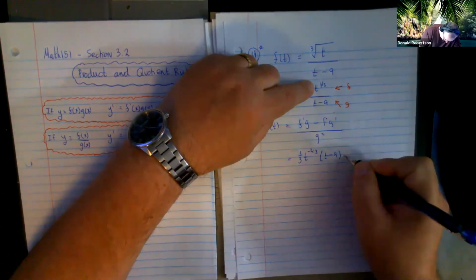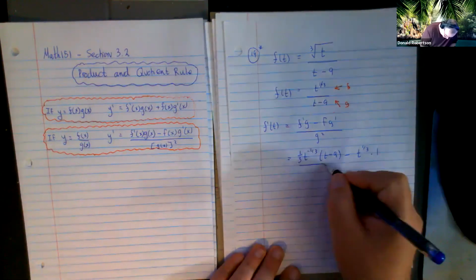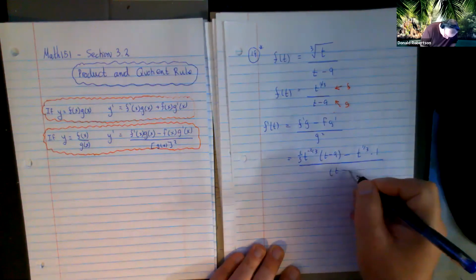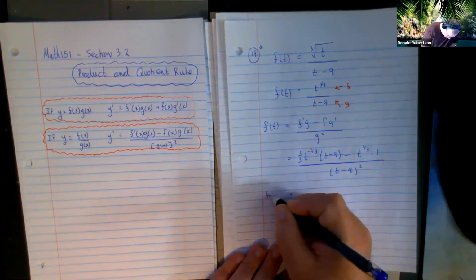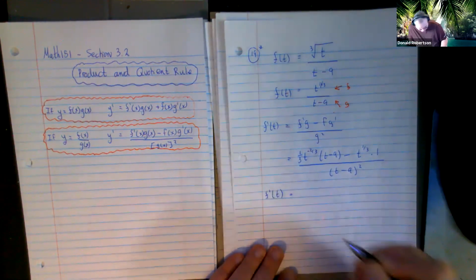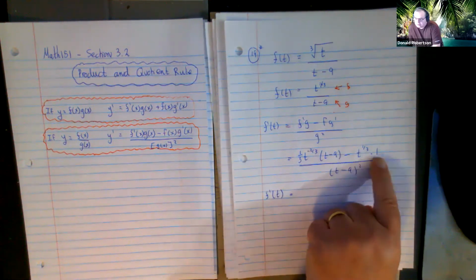Take away, leave him alone, and differentiate. Oh, just get 1. And the whole thing on the bottom gets squared. So f dashed g take away f g dashed.